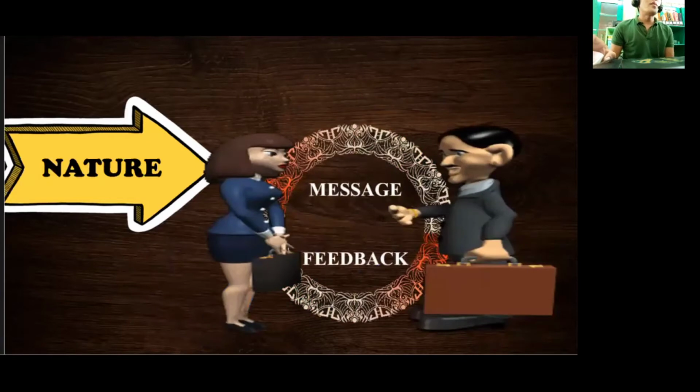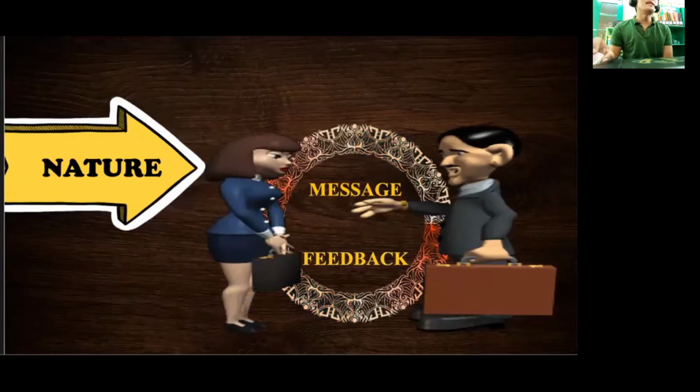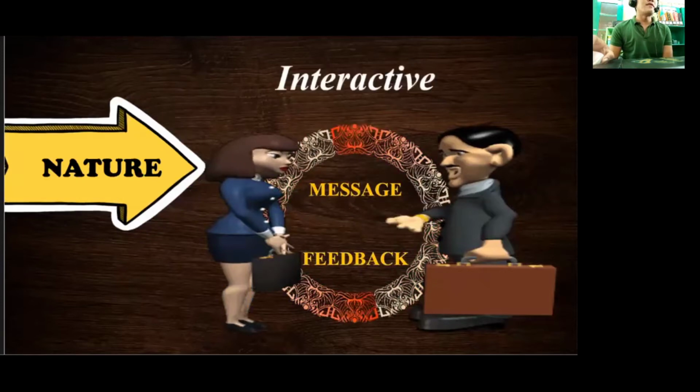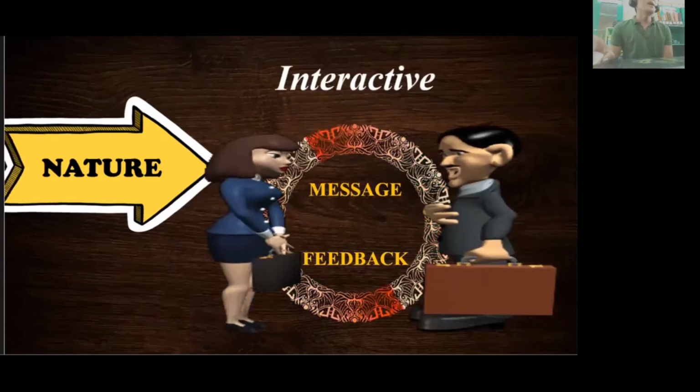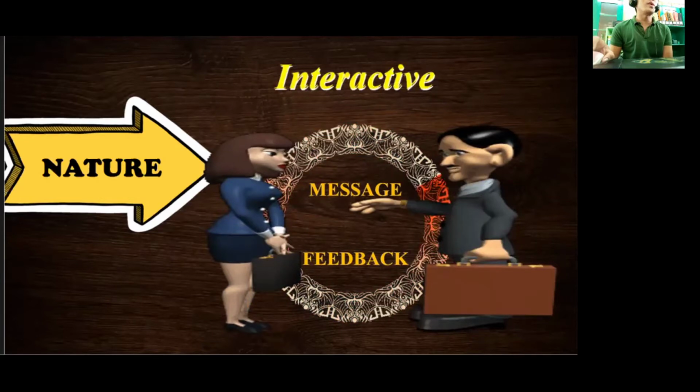This slide represents the next nature of communication. As you can see there, it shows that the speaker delivers a message which was responded to by the receiver in a form of feedback. Therefore, we can say that this communication is interactive. But it can only be interactive if there is a continuous response between the speaker and the receiver.